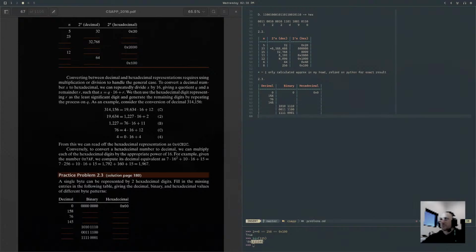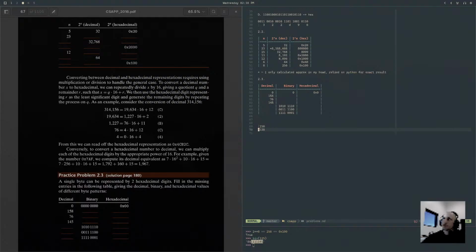158. So I'll use this area down here as a scratch pad. So 158 will be 1 from the 256 column. Or sorry, 1 from the 128. So we're gonna subtract off 128 from 158.